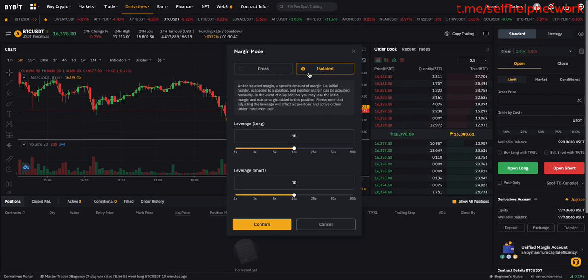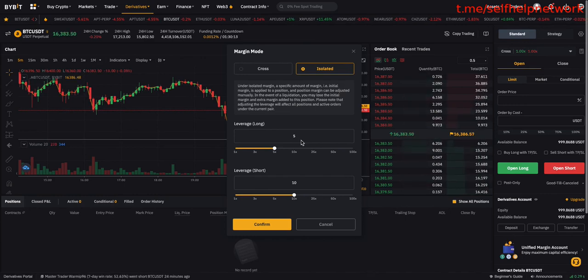If you use isolated margin, as the name would suggest, it is isolated to a preset level of margin. Okay? So you would have it already set at a fixed amount. So if you have $1,000 in your account and you put it on 5x leverage, then on a long it will only trade with up to 5,000 position size.